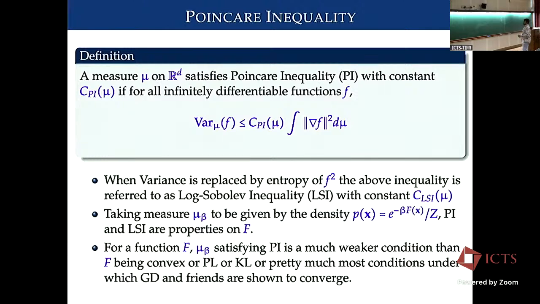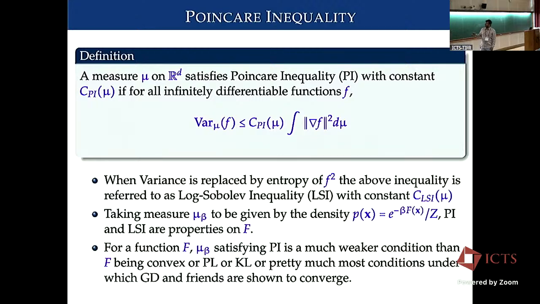One thing I want to mention is that I'm going to say a function capital F satisfies the Poincare inequality if its corresponding Gibbs distribution at temperature beta satisfies it. And one thing to mention is that requiring capital F to satisfy Poincare is oftentimes much weaker than conditions like convexity, PL, and KL.